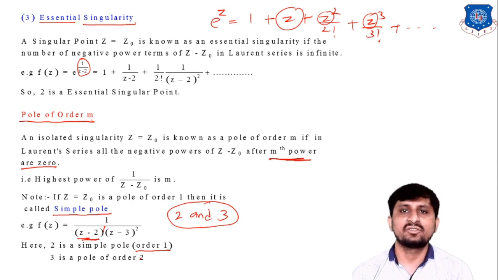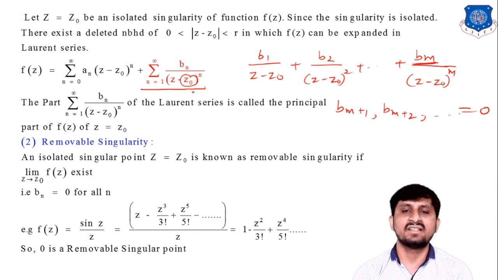After isolated singularity, all three definitions depend upon the principal part. If the principal part has no terms, that is, the principal part is 0, then it's called removable singularity. If the principal part has infinitely many terms, then it's called essential singularity. And if the principal part has finitely many terms, then it's called pole of order m.